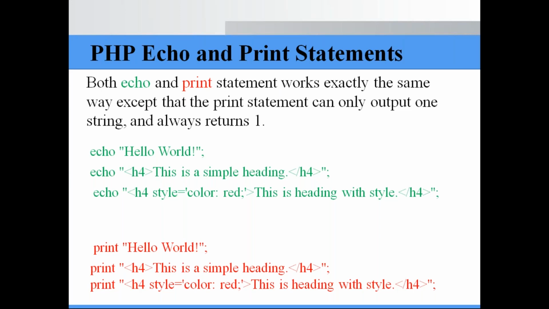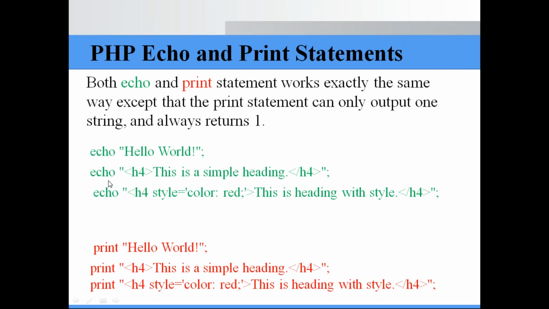Echo is used to display values, and there is an equivalent statement called print. You can use print instead of echo also. You don't find much difference. There is one difference. Print can accept only a single line, whereas with echo you can display multiple lines at a time. That's the only difference. Other than that, both are the same.